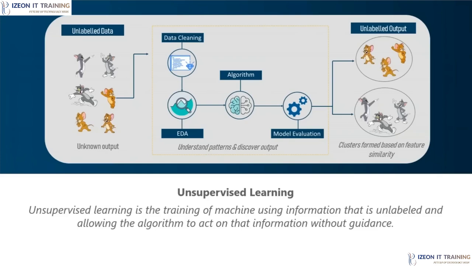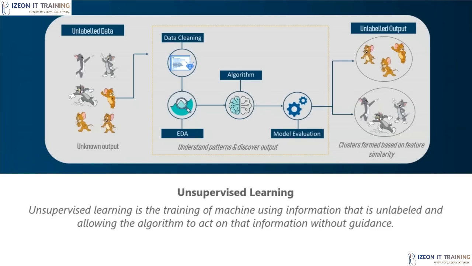Similarly, it finds such features in Jerry and knows that this image is of type 2, meaning that the first image is different from the second image, right? So, what the unsupervised learning algorithm or the model does is it'll form two different clusters. It'll form one cluster which are very similar and the other cluster which is very different from the first cluster, right? That's how unsupervised learning works. So the important thing that you need to know in unsupervised learning is that you're going to feed the machine unlabeled data, right?